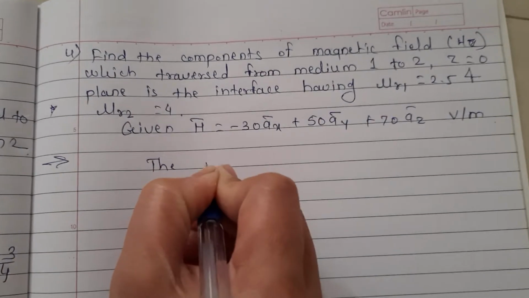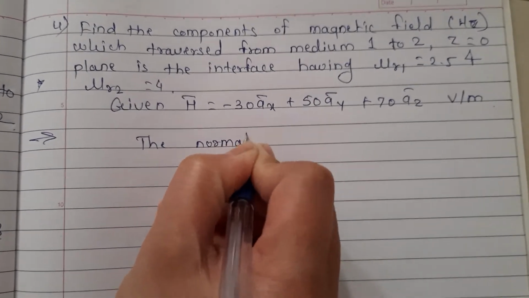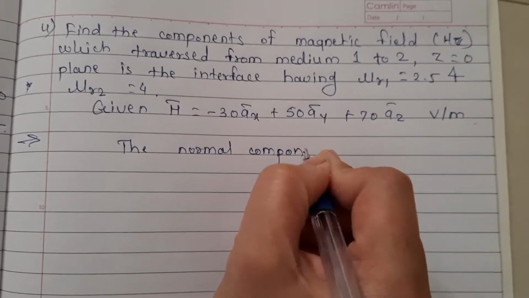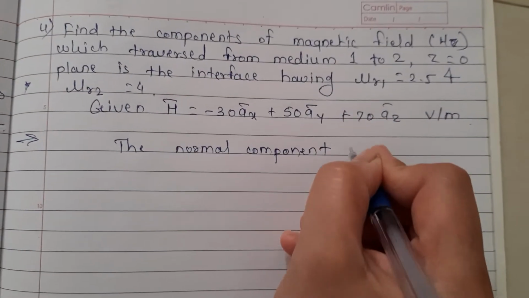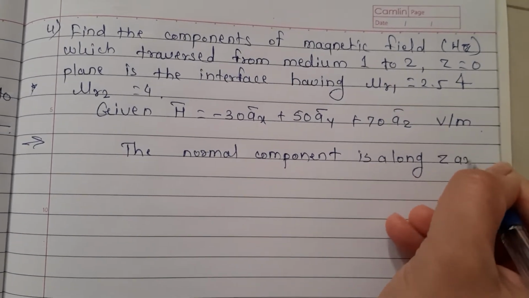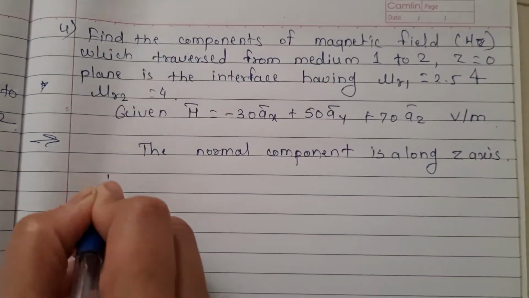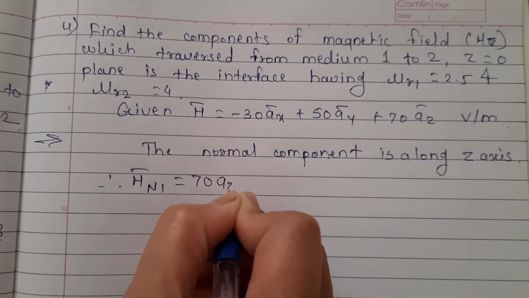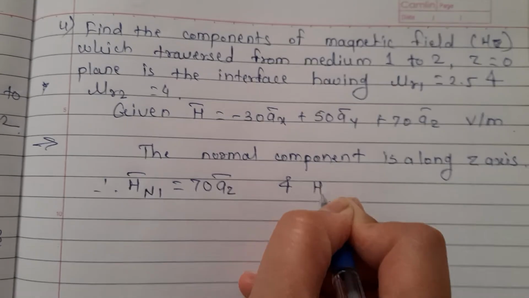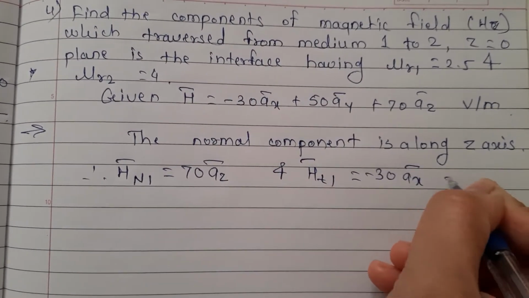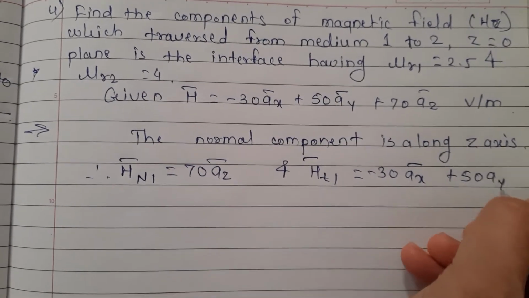The normal component is along z-axis. So we can write Hn1 bar is equal to 70 aZ bar and Ht1 bar is equal to minus 30 aX bar plus 50 aY bar.